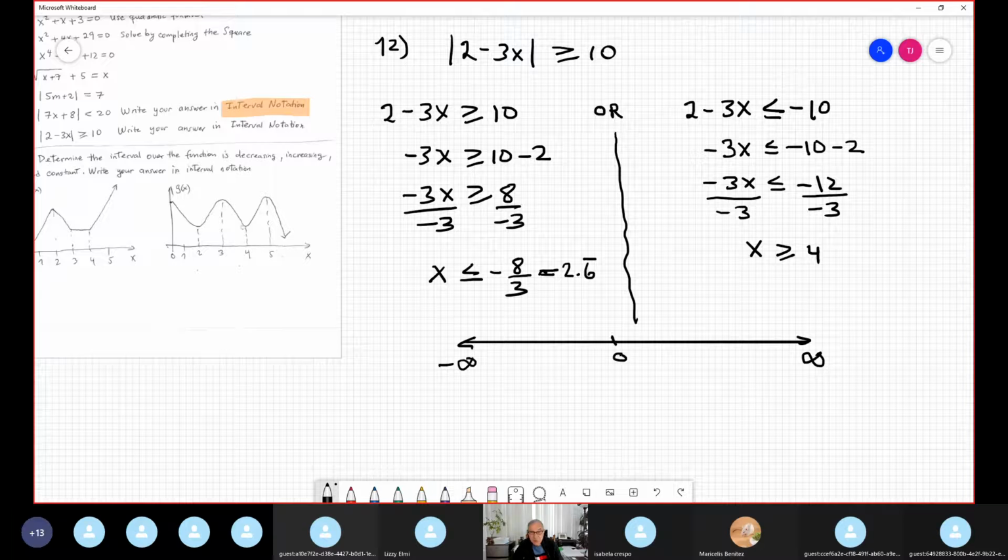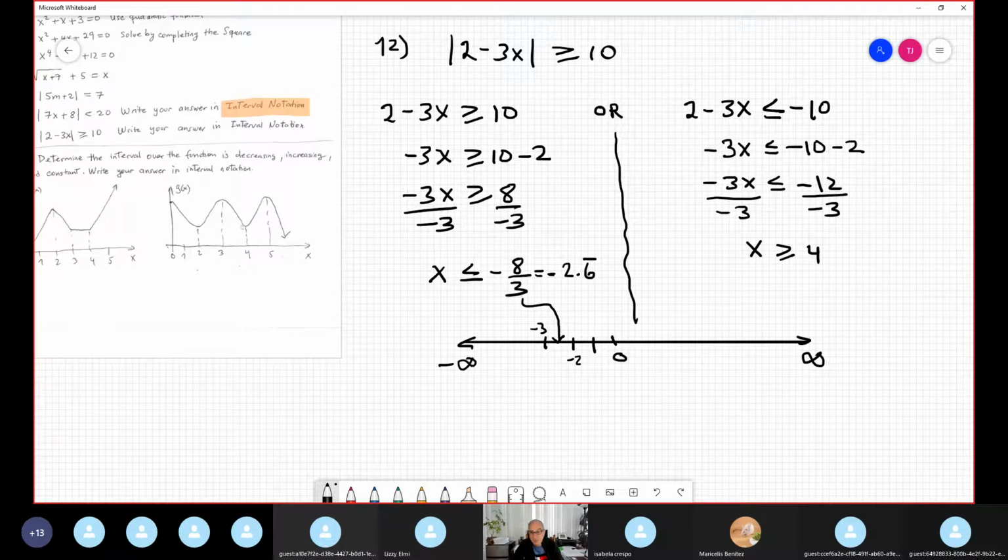This is 0 here in the middle, and here we have the negatives. Negative 2.6: so negative 1, negative 2, negative 3. That point is between negative 2 and negative 3, a little bit closer to negative 3, because the decimal part is greater than 5.